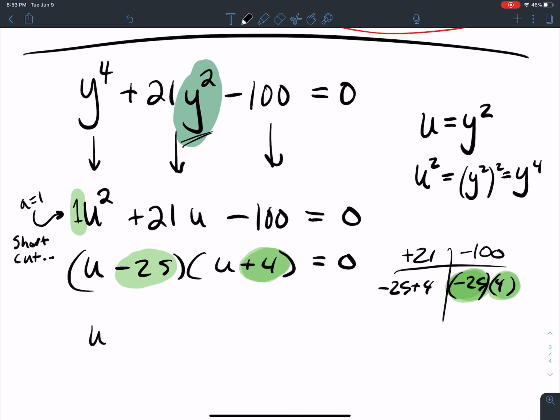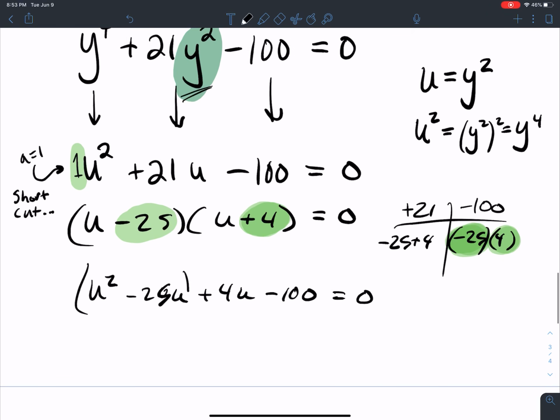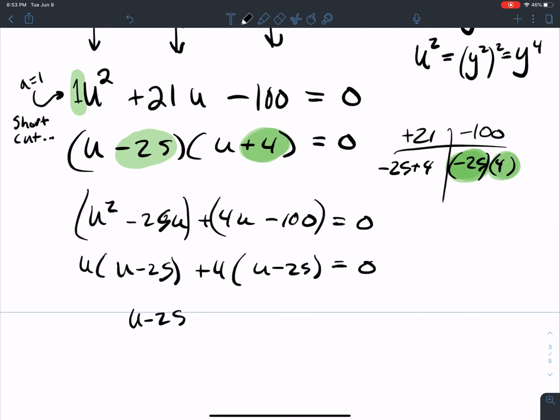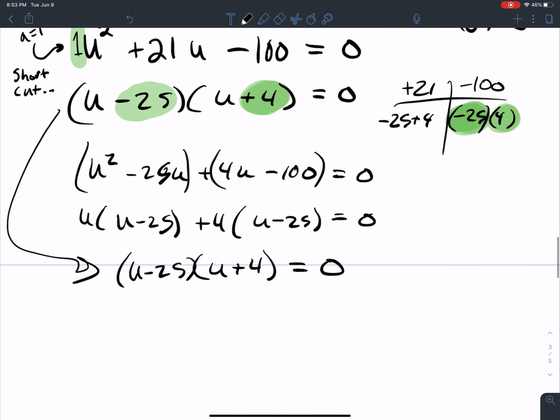Otherwise, you have to do that u squared minus 25u plus 4u minus 100 business. Factor by grouping, pull out the u minus 25, pull out the 4, u minus 25. Factor the u minus 25 out of both of those. u plus 4 equals 0. And then you get to the same place that you were at.